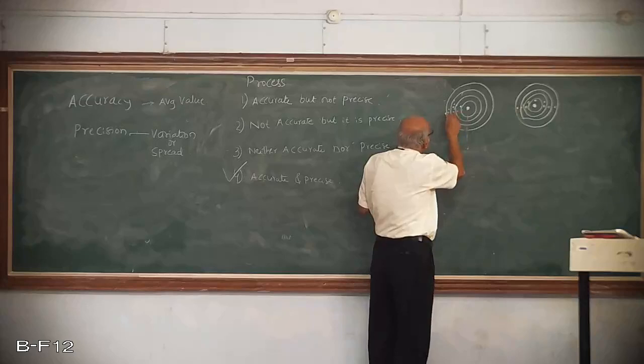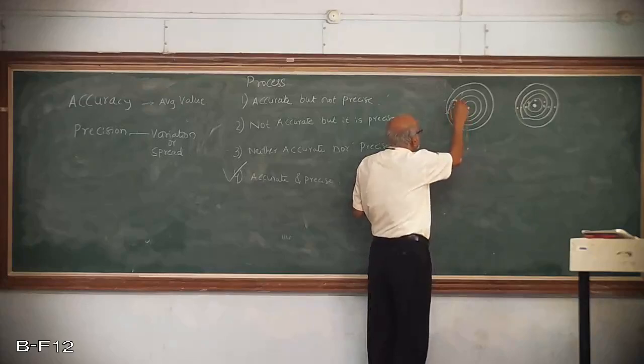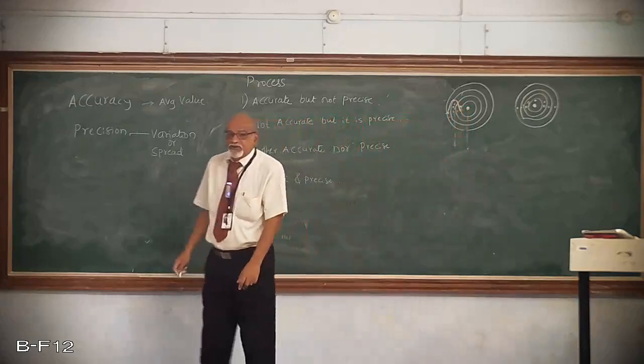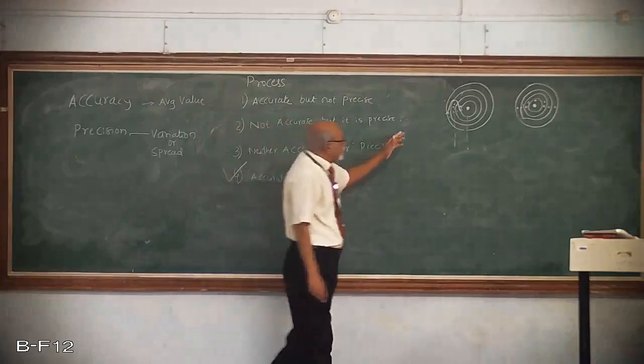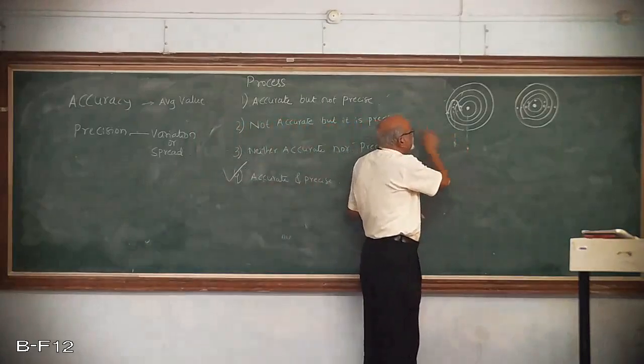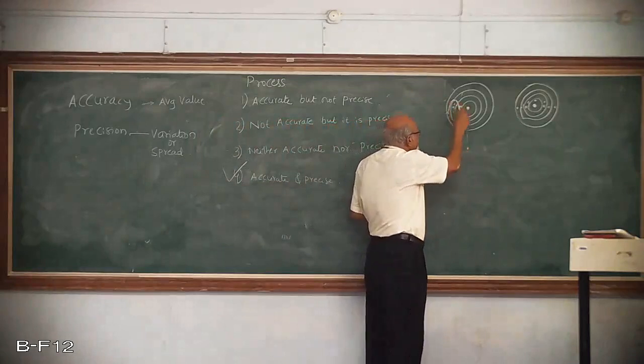That means if I represent this, it might be like this. You just see. Now what has happened here? The average should have been here, the average is shifted to this. And what about this variation? The spread is small.